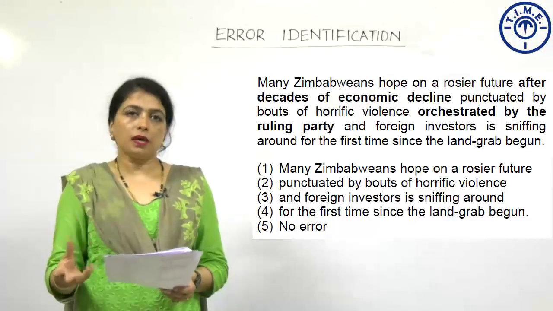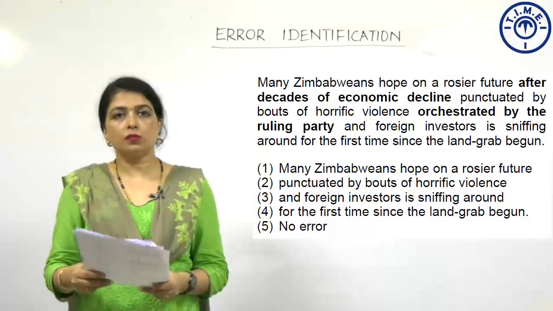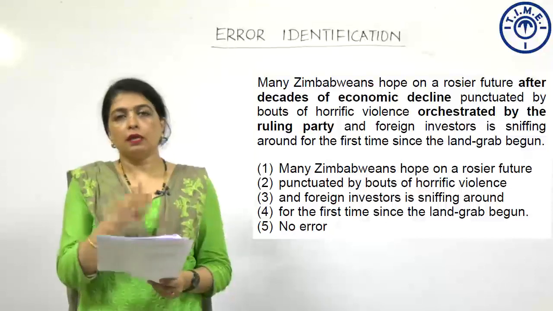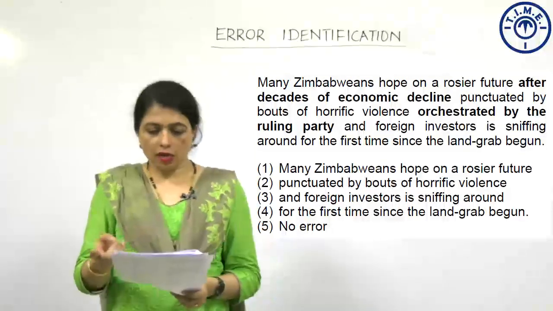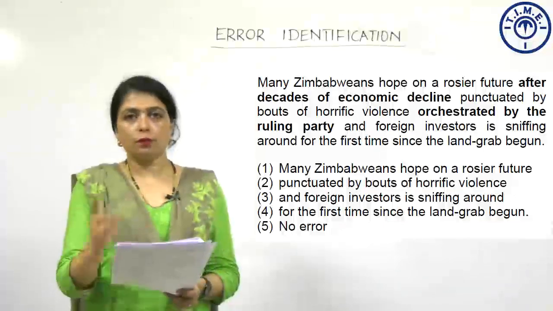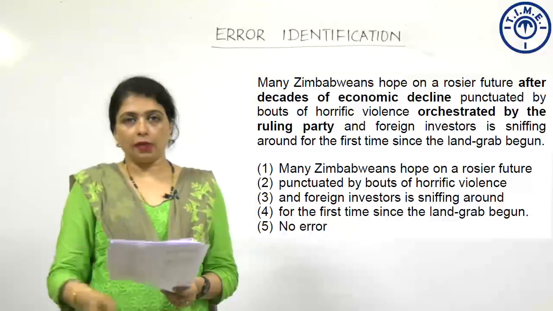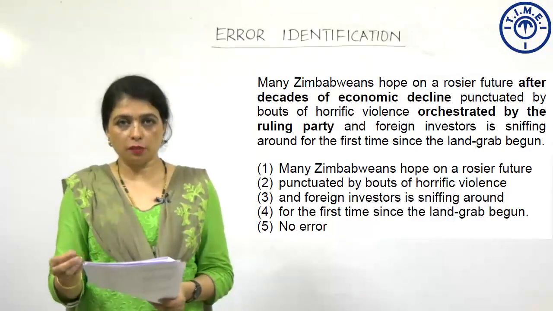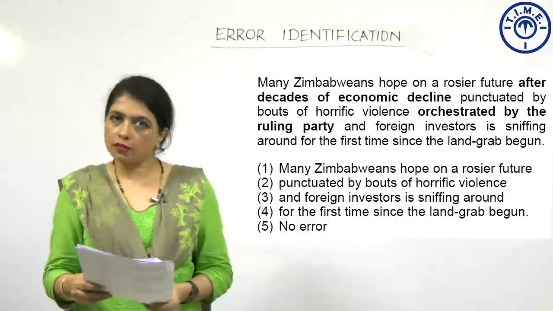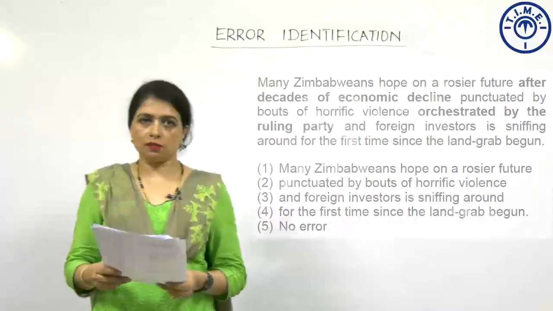Now, "begun" is past participle, and over here we cannot use this because the situation is in the past tense, and "begun" again by itself is incomplete. So, we have to change "begun" to "began." For the first time since the land grab began. Fine. So, keeping all these errors and their corrections in mind, we mark 2 as the correct option, and then I move on to the next question in this series.